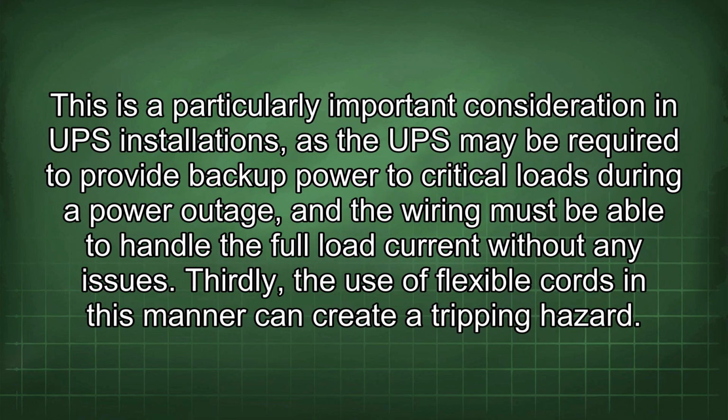This is a particularly important consideration in UPS installations, as the UPS may be required to provide backup power to critical loads during a power outage, and the wiring must be able to handle the full load current without any issues. Thirdly, the use of flexible cords in this manner can create a tripping hazard.